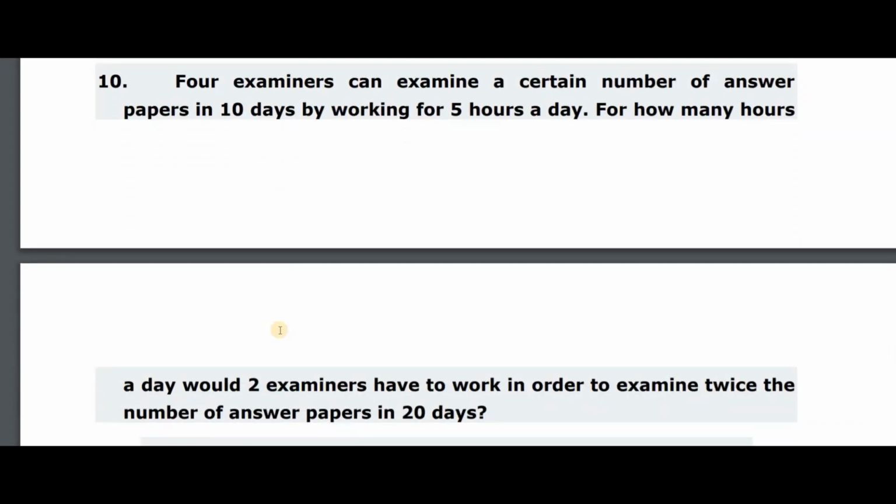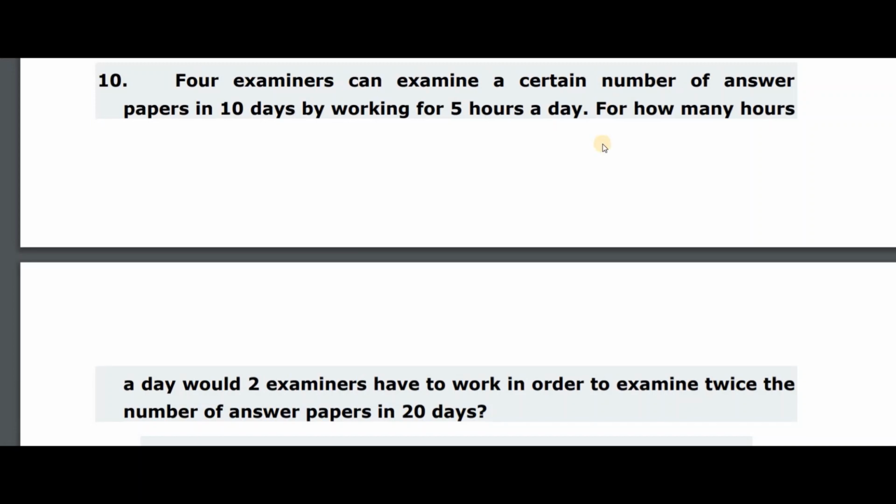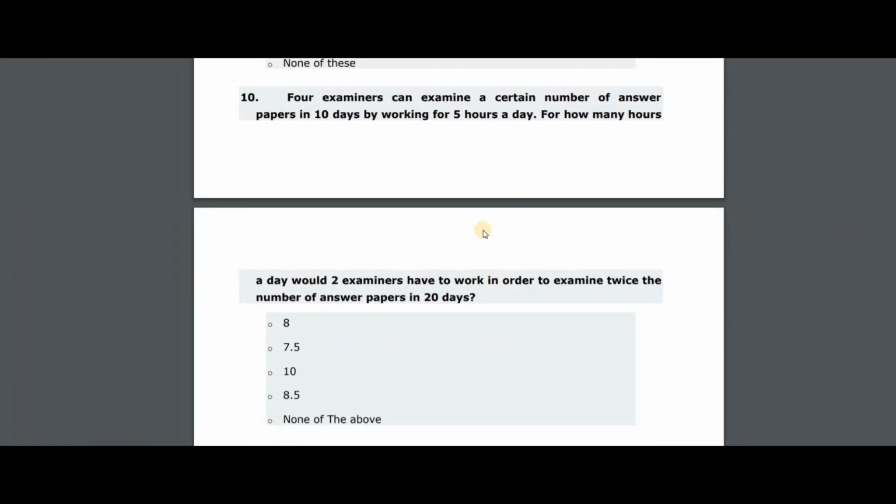Next, 4 examiners can examine a certain number of answer papers in 10 days by working for 5 hours a day. For how many hours a day would 2 examiners have to work in order to examine twice the number of answer papers in 20 days? So let's look at this briefly.